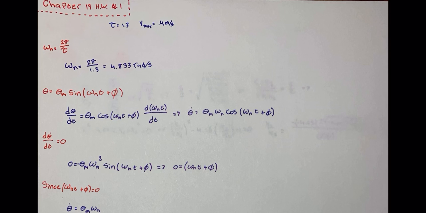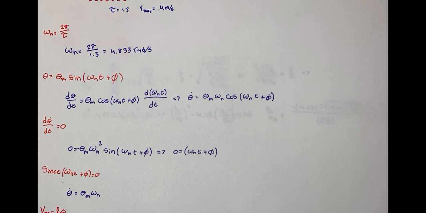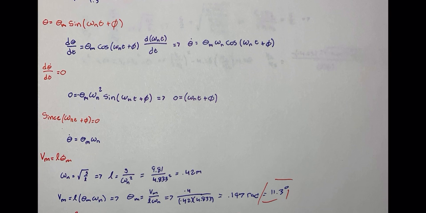So using all that, we can confirm that 0 is equal to omega n t plus phi. And since omega n t plus phi is 0, theta dot becomes equal to omega n times theta m.